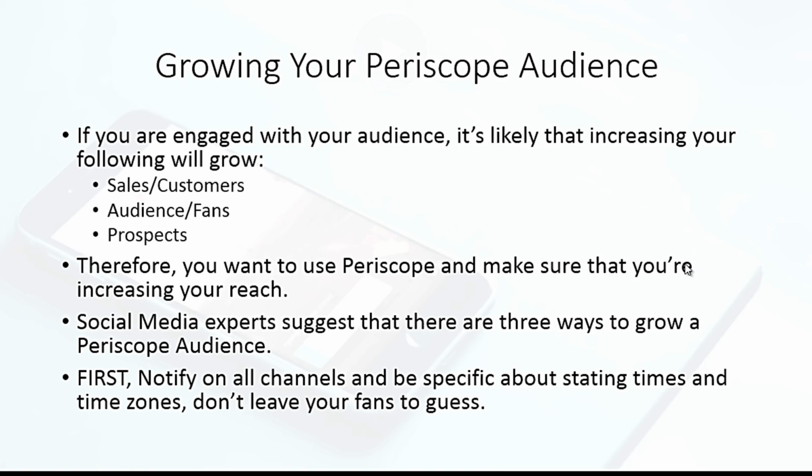In most cases, you're going to want to make sure that you mention the GMT time. This will eliminate confusion for people to try to figure out when they need to be in your broadcast, when they're going to be able to catch you. You want people not to leave that to chance. You want them to know exactly when your broadcast is going to be so that they can be there.